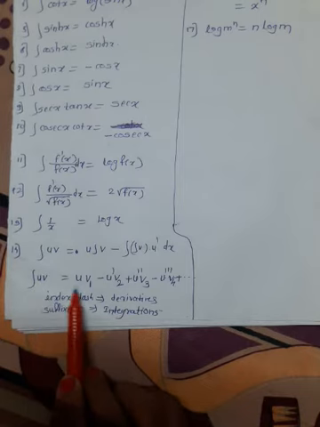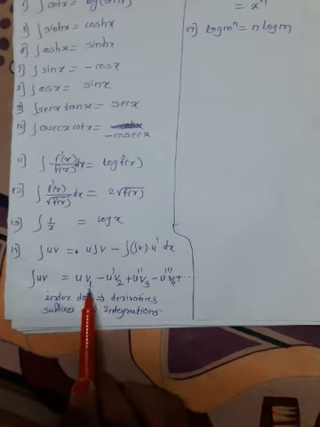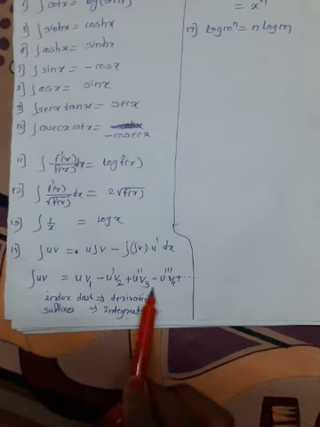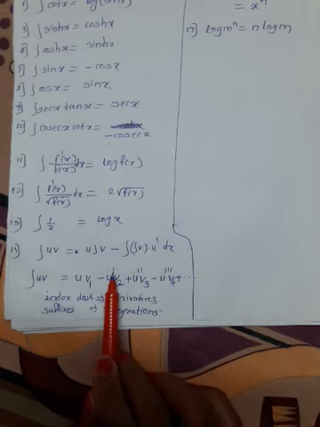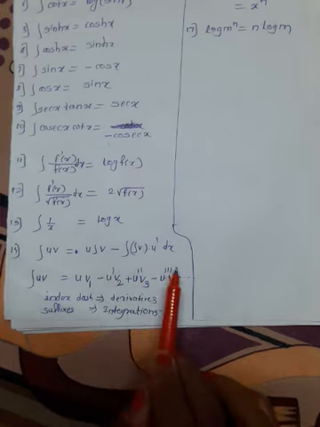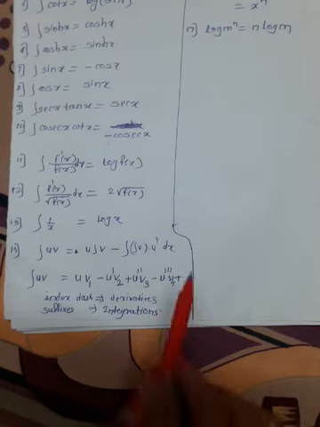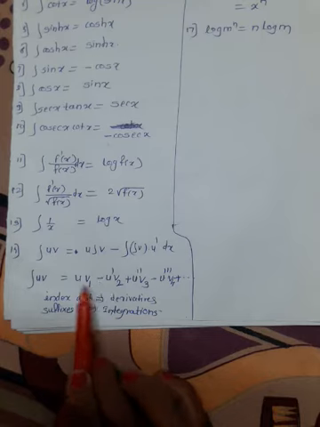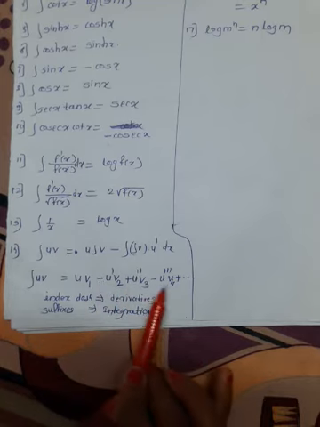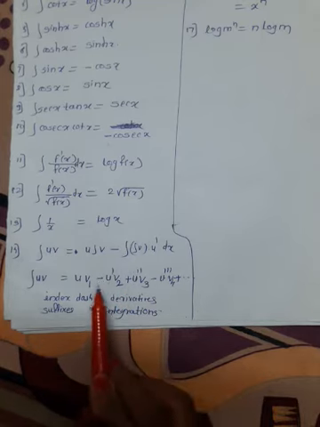Integration of u into v is u into v1. Suffixes mean integration: 1, 2, 3 means first integration, second integration, third integration, and so on. Dash means derivative: single dash means single derivative, double dash means double derivative, triple dash is triple derivative, and so on. It is u v1, minus u dash v2, plus u double dash v3, with alternating plus and minus signs.